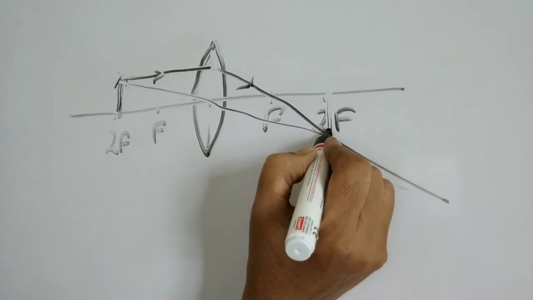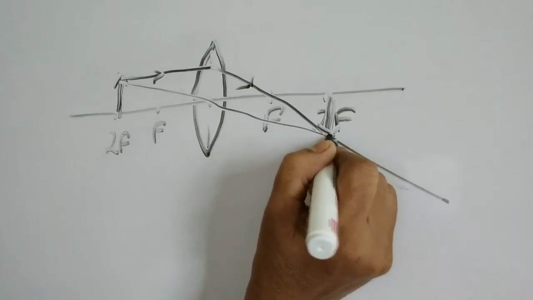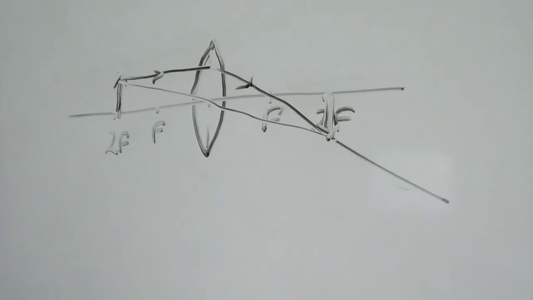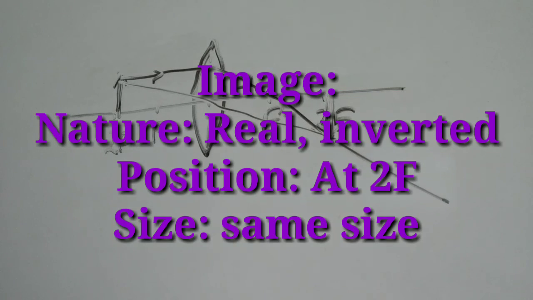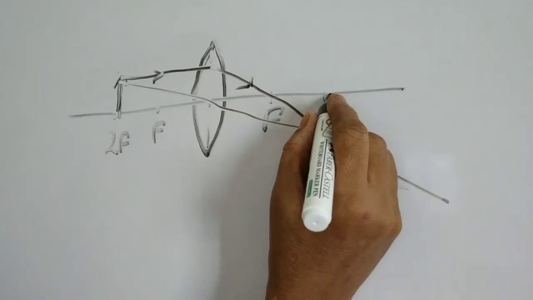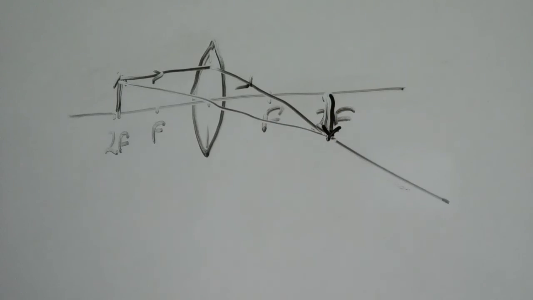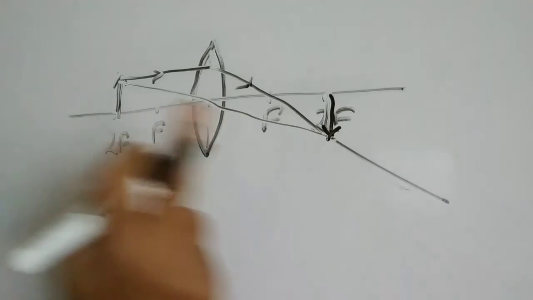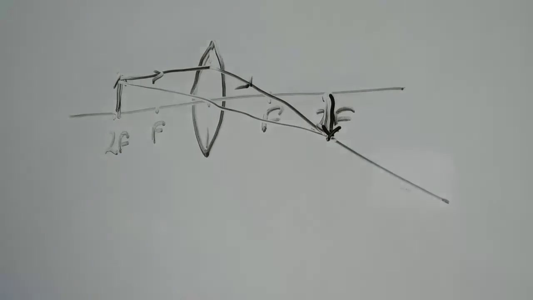So the image you get is at 2f itself. What is the nature of the image? Here also real and inverted. What about the size? Size is the same size. Position at 2f. When the object is at 2f, the image is formed at 2f itself.